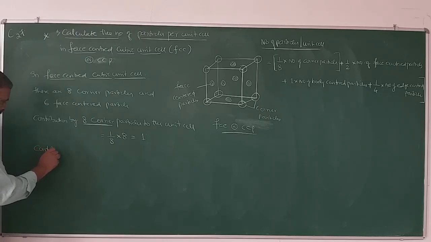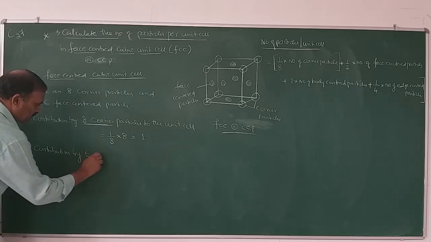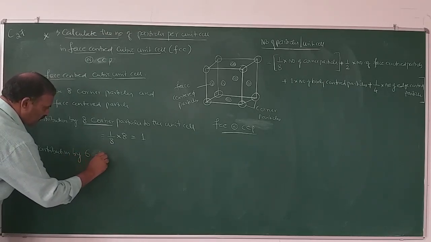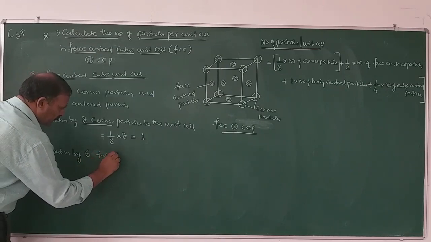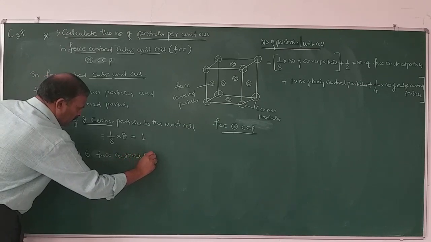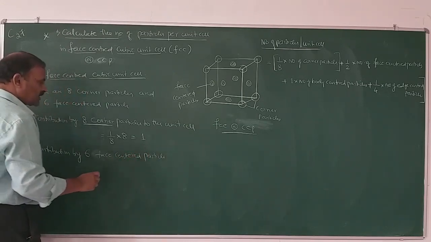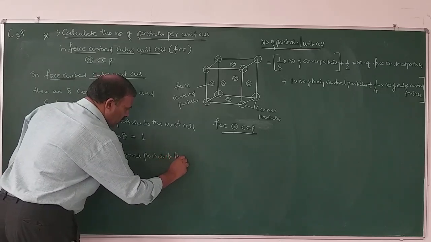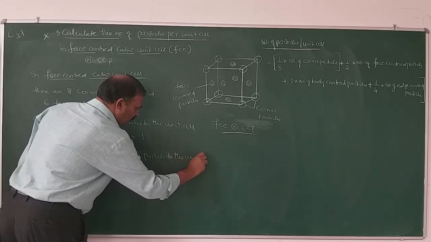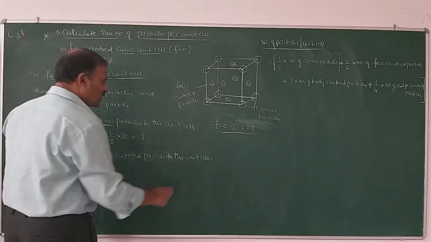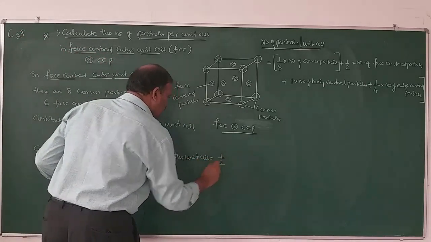Similarly, contribution by 6 face centered particles to the unit cell. Contribution by 1 face centered particle to the unit cell is equal to half.